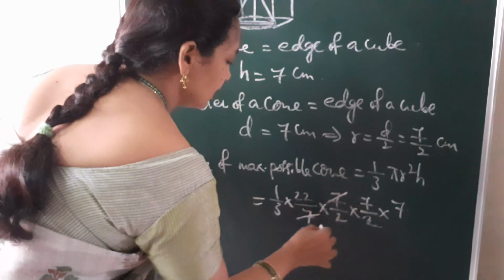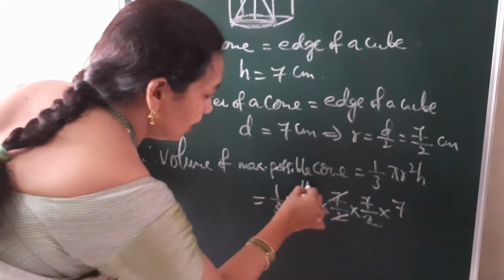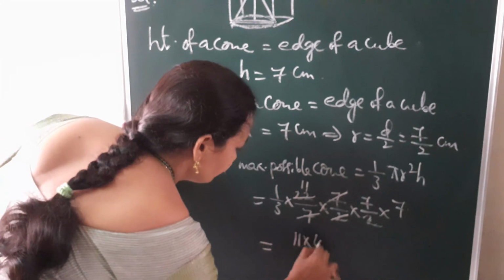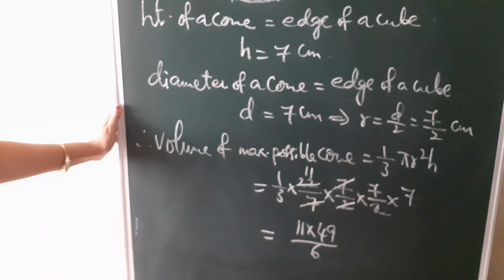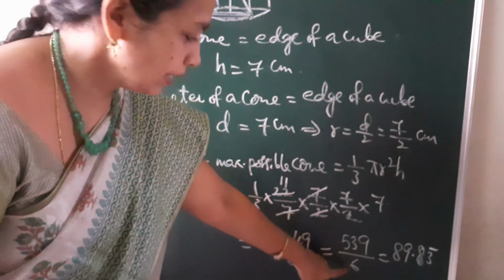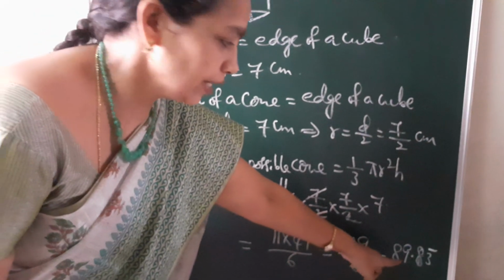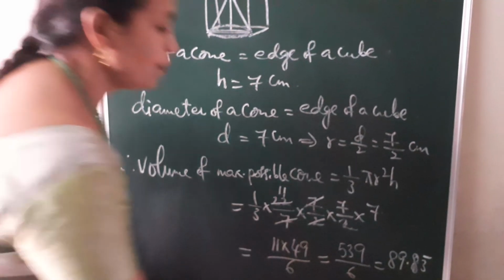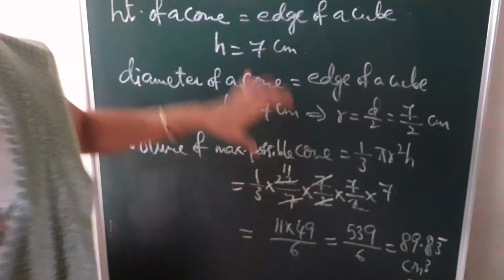So 7 gets cancelled, 2 11s. Next 11 into 49 by 6. So on multiplication of 11 into 49 you will get 539 by 6, and 539 by 6 on division you will get 89.83 bar. That is the cubic centimeters. Centimeter cube is the required volume of the cone.